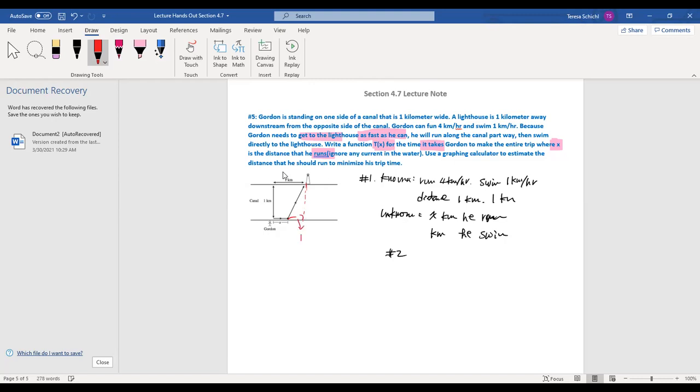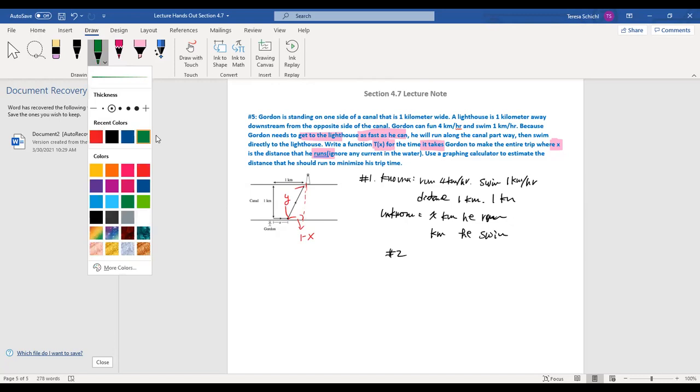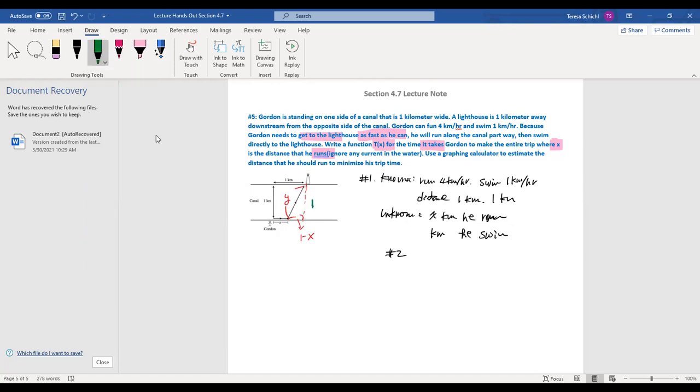This distance is 1 minus x, correct? The distance he swims is y, and this one here is a fixed distance of 1 kilometer. So he runs x kilometers, and the kilometers he swims is y.